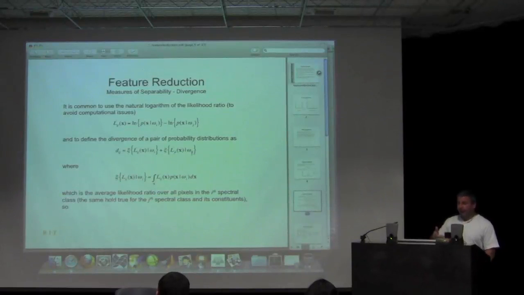Now that expected value, that average, is just going to be the integral over all possible digital count values, over all possible x's, in a multivariate sense, because this x is a vector, of the natural log of the likelihood ratio times the probability of that particular event occurring, given I'm looking at class i. So what I've got written here is this term, and you can equivalently have the same for this term.